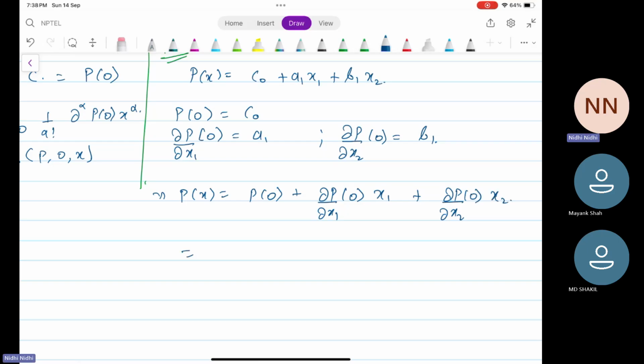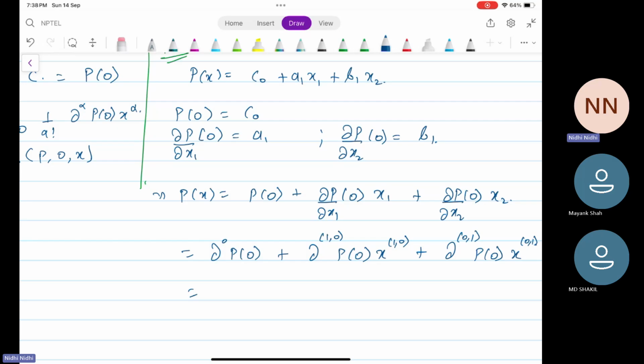So I can write this as the 0th derivative of p at 0 plus, taking the multi-index alpha to be (1,0), del^(1,0) p at 0 times x to the power (1,0), plus del^(0,1) p at 0 times x to the power (0,1).